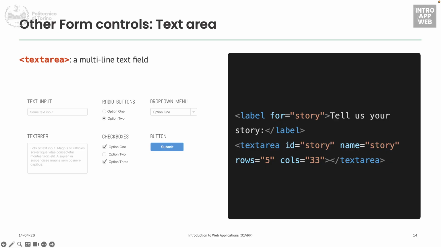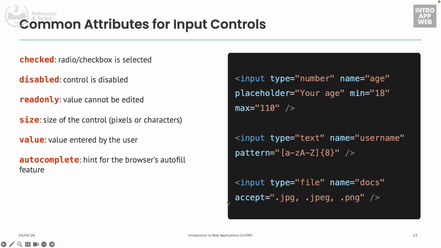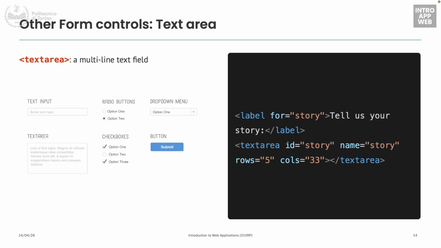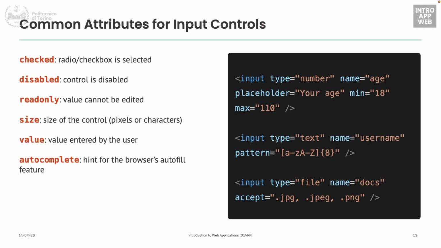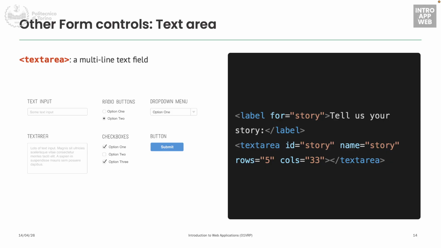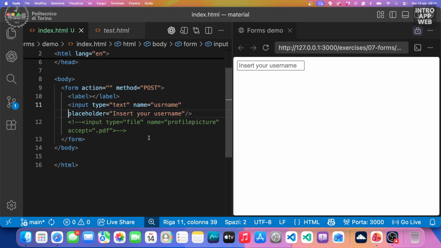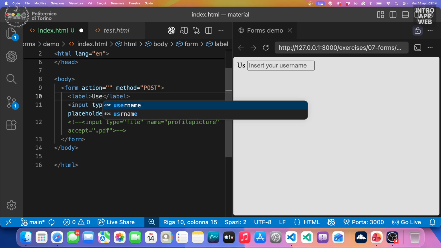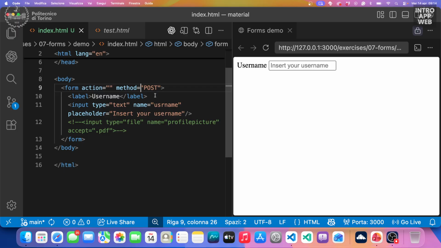Okay, so here I wrote label, we have our input field, and here within label I write username.